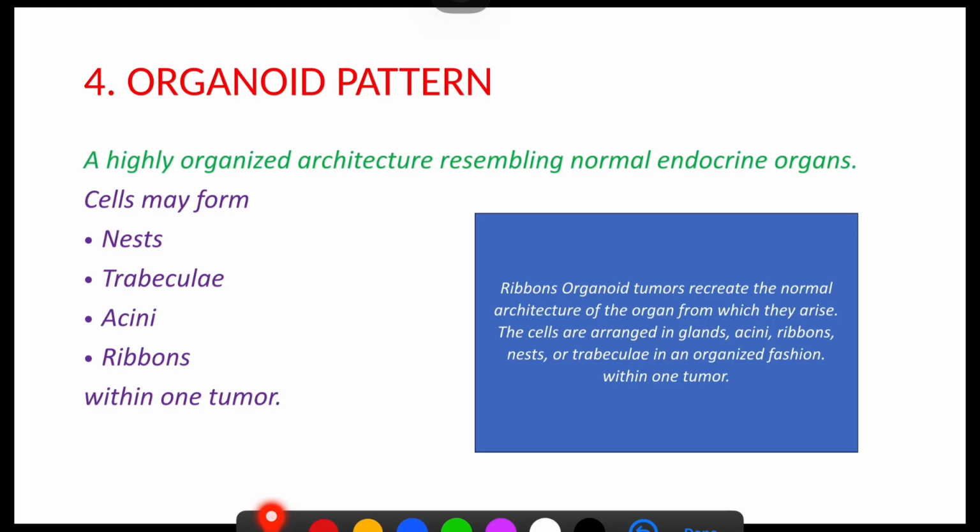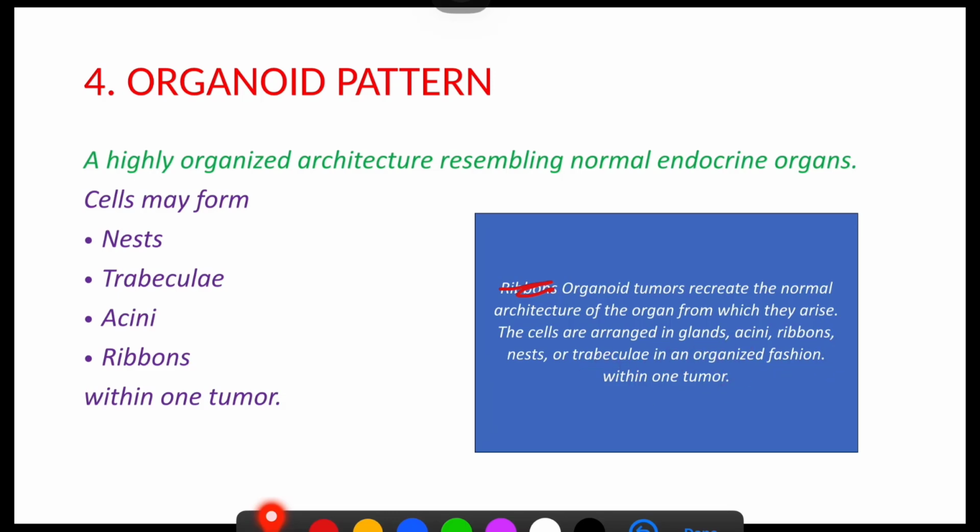Now fourth pattern is organoid pattern. It is a highly organized architecture resembling normal endocrine organs. So here you can see this organoid pattern recreates the normal architecture of the organ from which they arise, right? So mainly they are showing a normal organ-like pattern like glands, acini, ribbons, nests or trabeculae in an organized fashion within one tumor.